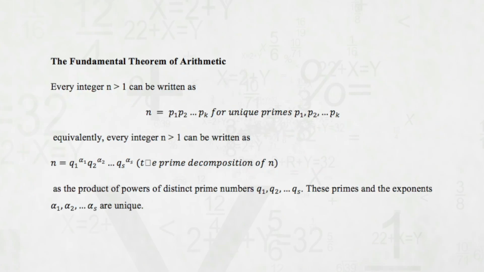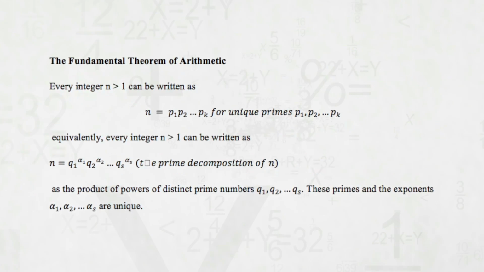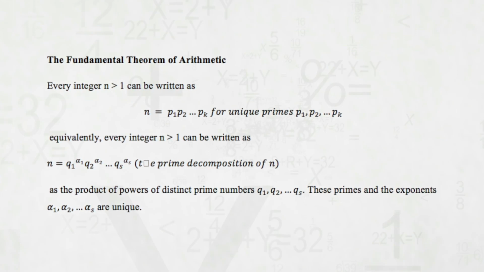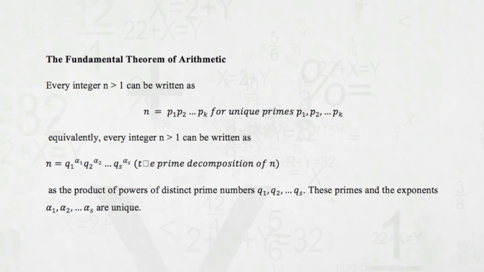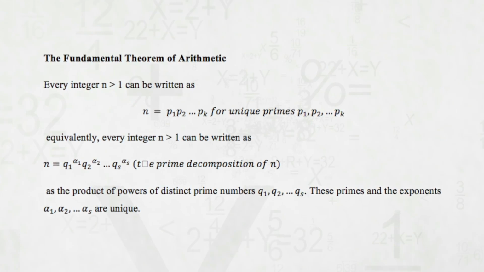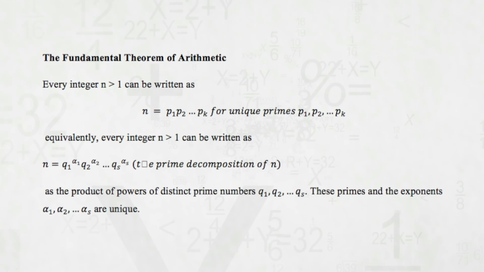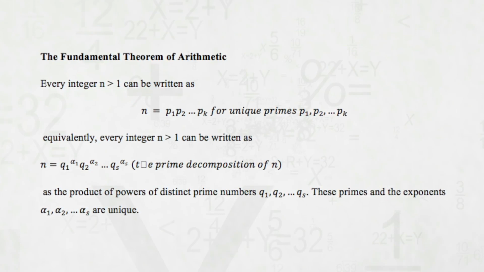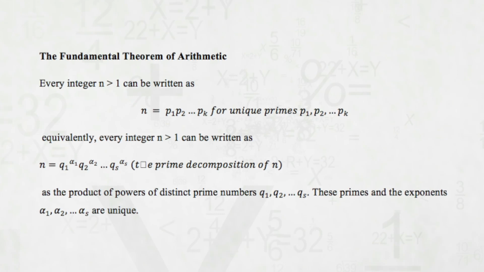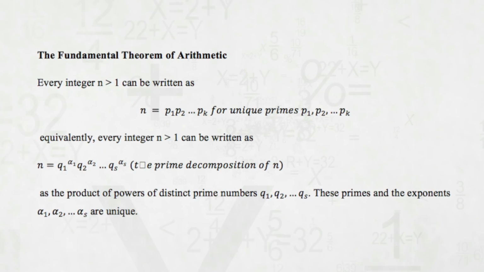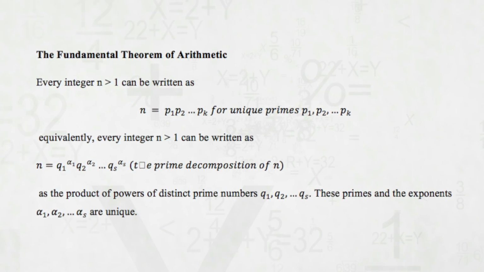So, now we shall see the fundamental theorem of arithmetic. Every integer n greater than 1 can be written as n is equal to P1 multiplied by P2 etc. multiplied by Pk for unique primes P1, P2 etc. Pk. Equivalently, every integer n greater than 1 can be written as n is equal to q1 power alpha 1, q2 power alpha 2 etc. qs power alpha s.